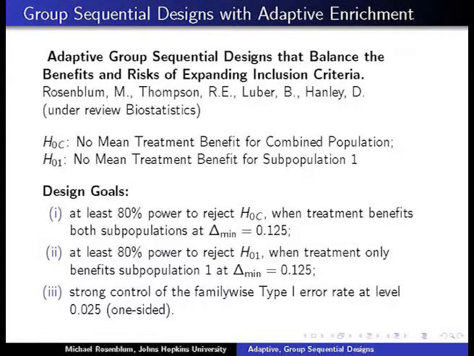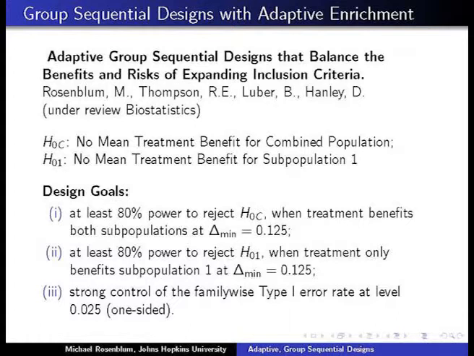A standard design focusing on just goals 1 and 3 will have pretty bad power for goal 2 and will not satisfy it. The question is, I want to minimize the expected sample size, keep the maximum sample size not too large, and try to meet all these goals.